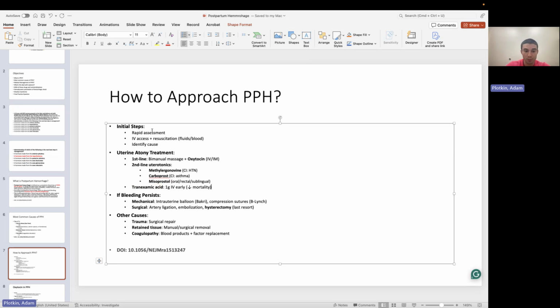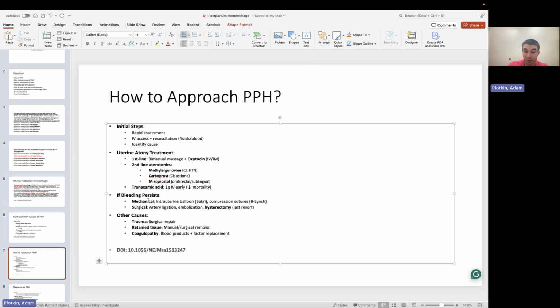Okay, so let's say we have a patient with postpartum hemorrhage. Again, that's 1,000 milliliters of blood loss, regardless of delivery, within 24 hours, so primary postpartum hemorrhage. We gave them IV fluids, we did a bimanual uterine massage, we gave them oxytocin. That didn't work. So we started some or a lot of these second line drugs, and still didn't work, right?